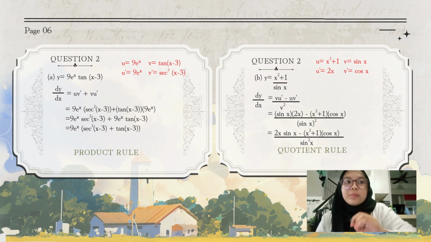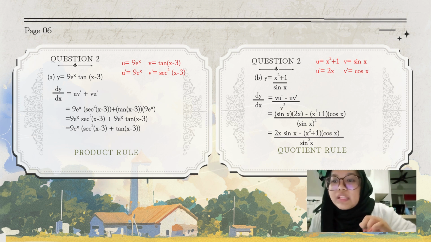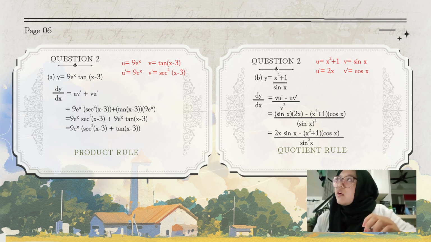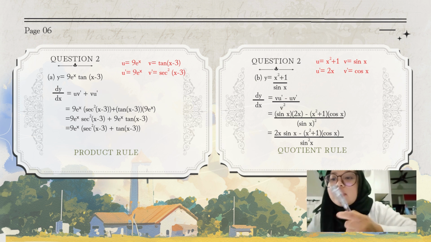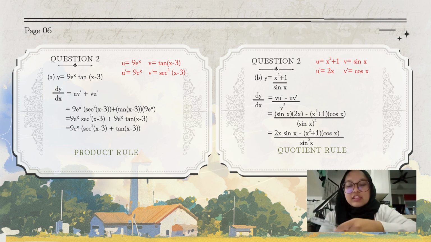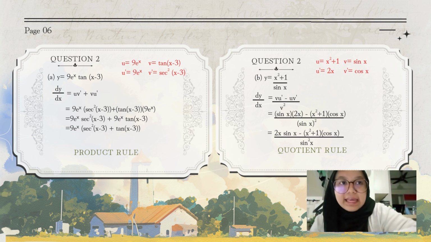Okay, for 2b, based on this question, we will be using quotient rule because quotient rule happens when there is a division on the number. So for example, this question, y equal to x squared plus 1 divided by sin x.